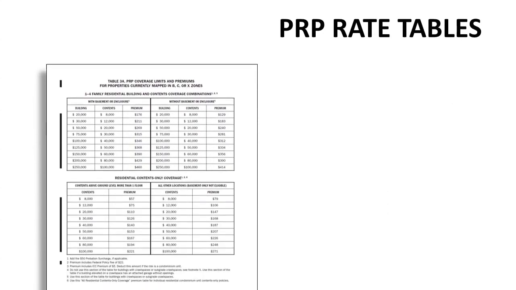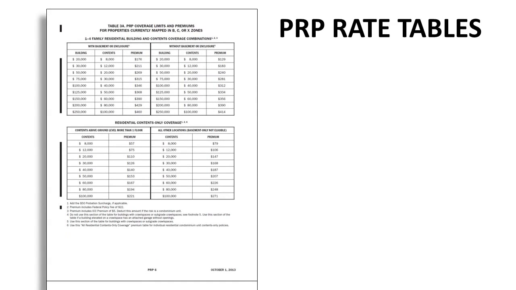By enlarging the application and locating the community section, we see the application requires the rating map information and the current map information. To locate the rates for both the PRP and the eligibility extension, let's go to Table 3A on page PRP 6.